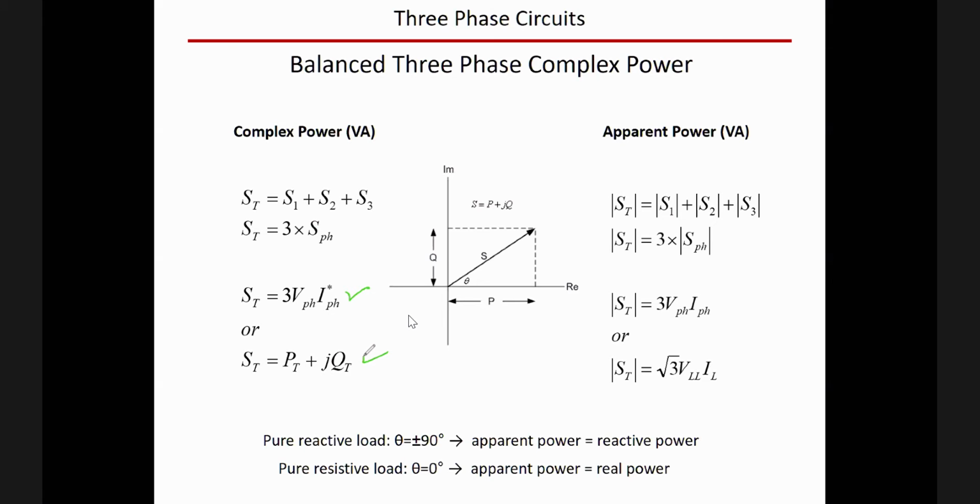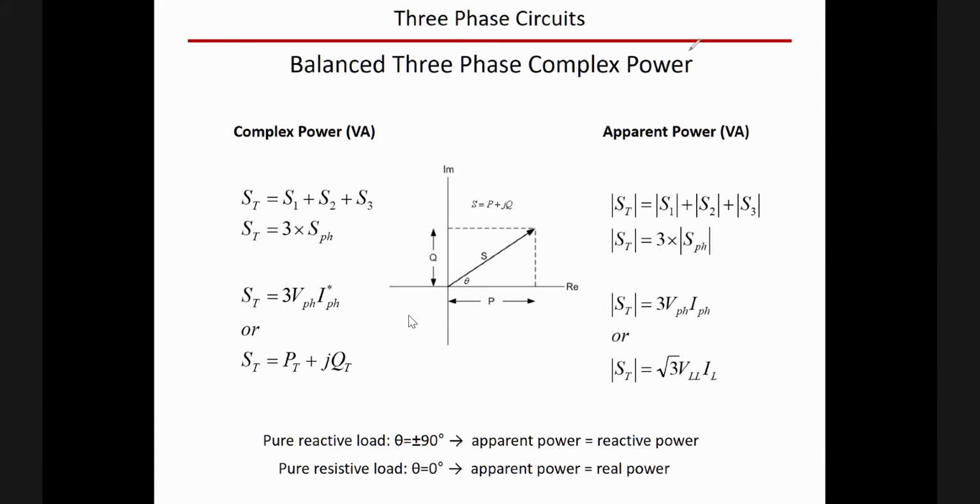So don't use the line quantities to find the complex power. For the apparent power, you can use either the phase or line quantities. So the apparent power will be 3V phase I phase magnitudes, or square root of 3 V line I line.